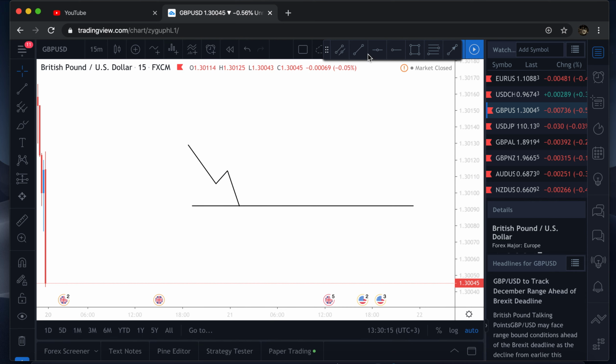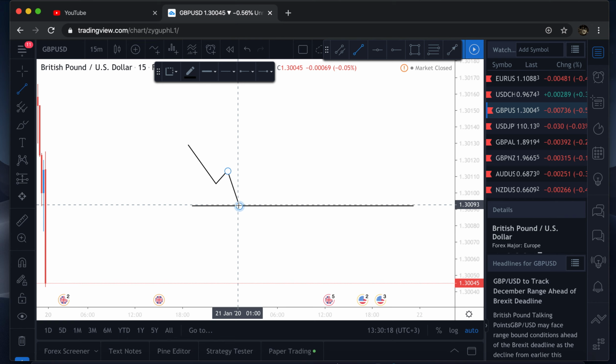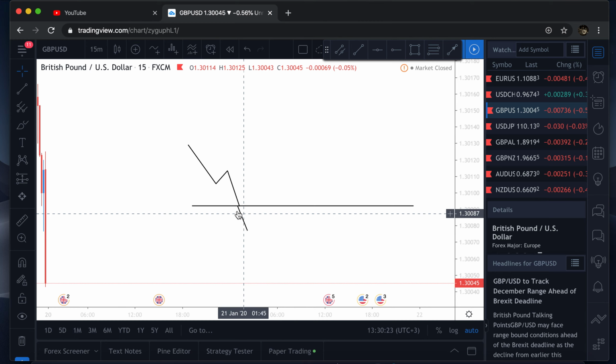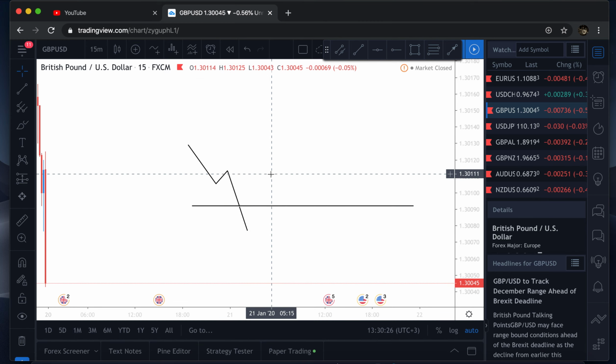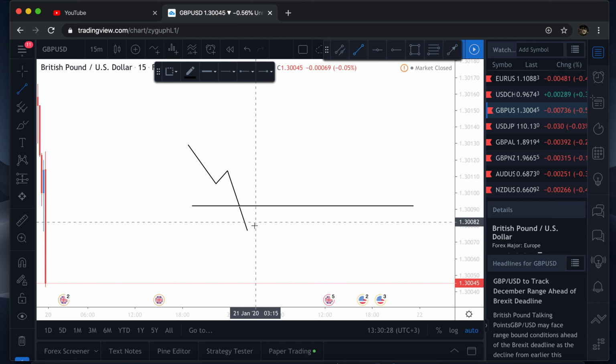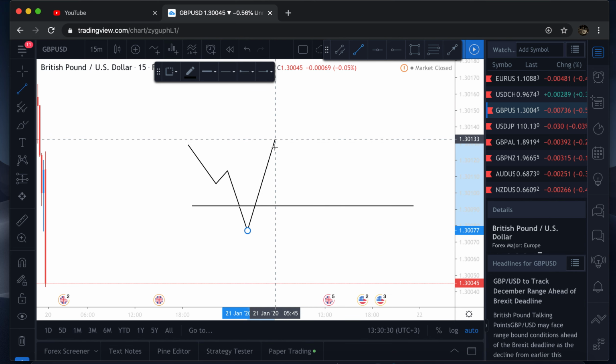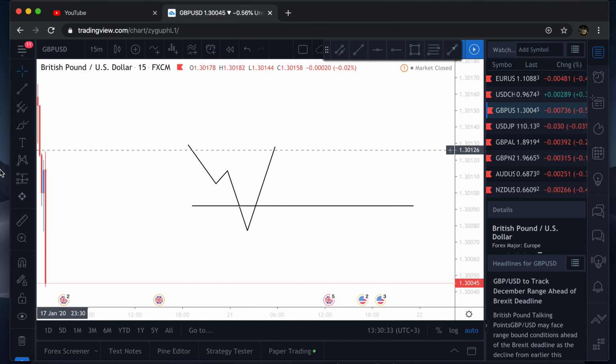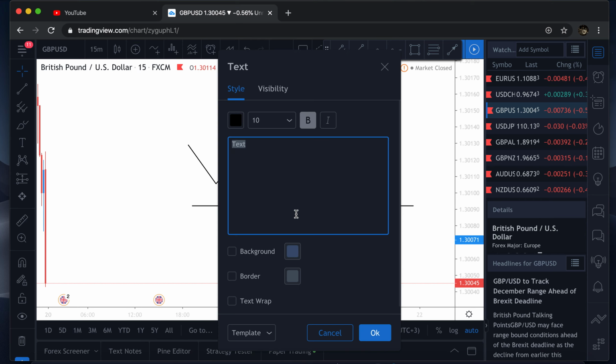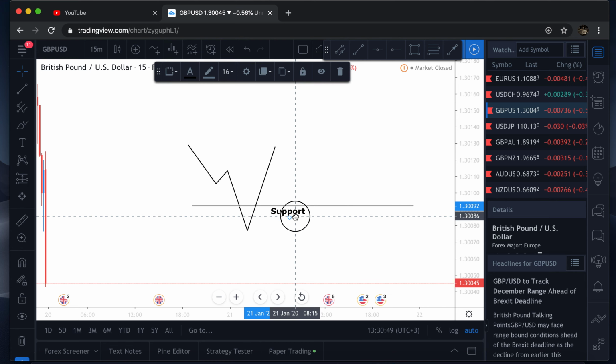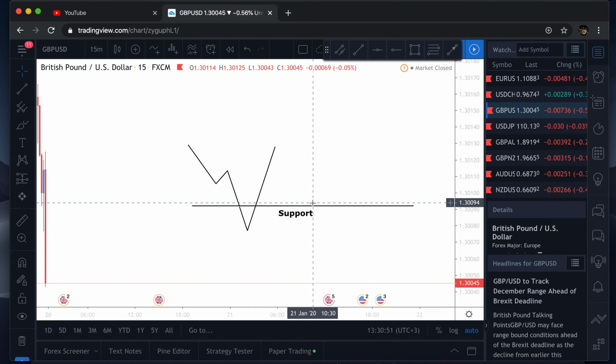Sometimes the price will come a little bit below the actual support, and then guess what happens? It continues back up. This is support. Let me put a text here real quick, and make it a little bit bigger. So this is a support area or a support line.